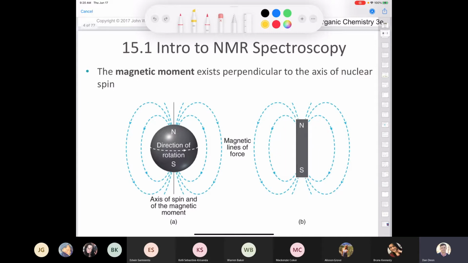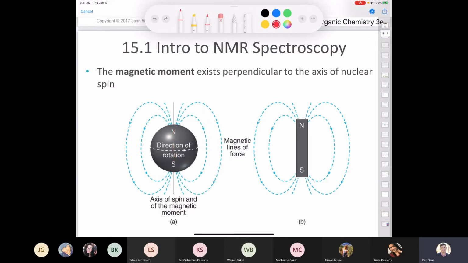I'm sure most of you have played with a bar magnet at some point in your life, and you've seen how you could take iron filings on a piece of paper on top of a bar magnet, and it makes these little magnetic field lines. You see how their direction goes up in this direction, and then they come back around like this, and then they go back up like that. Those are the magnetic field lines of our spinning nucleus.